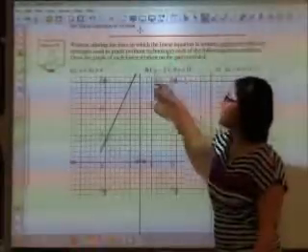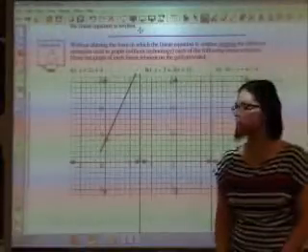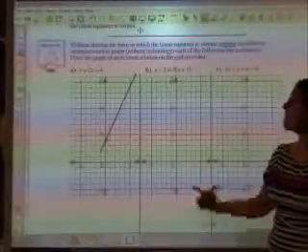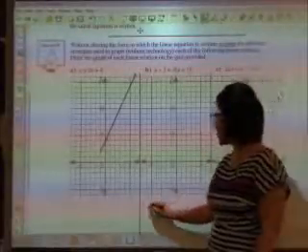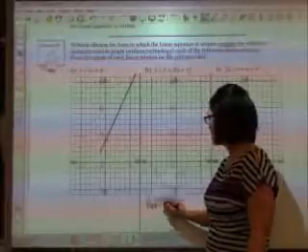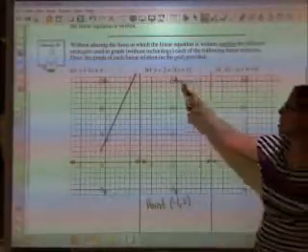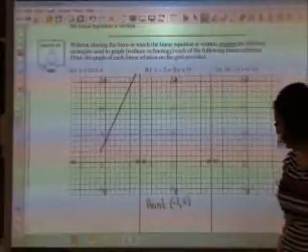So can I use this equation to give me at least 1 point? What would be the point? If this is in point slope form, what is the point on this equation? 1, negative 1 and 2. Negative 1 and 2. Because remember, in point slope form, it's x minus x1.